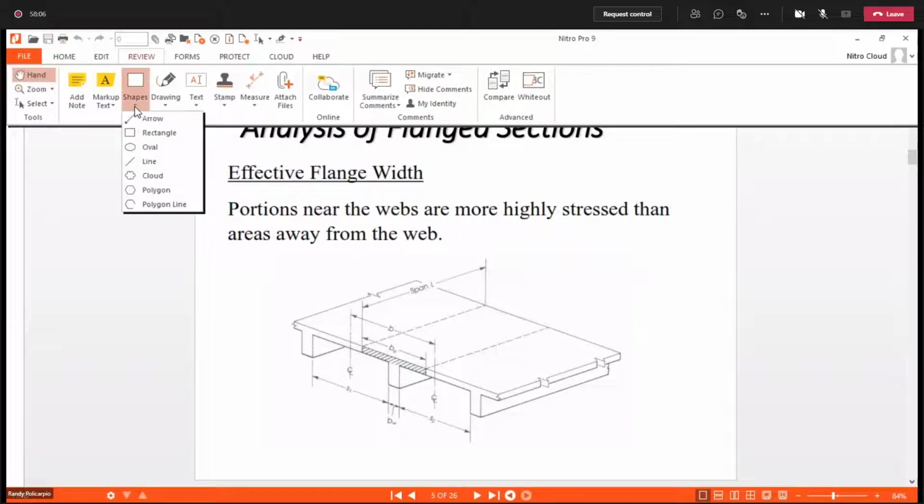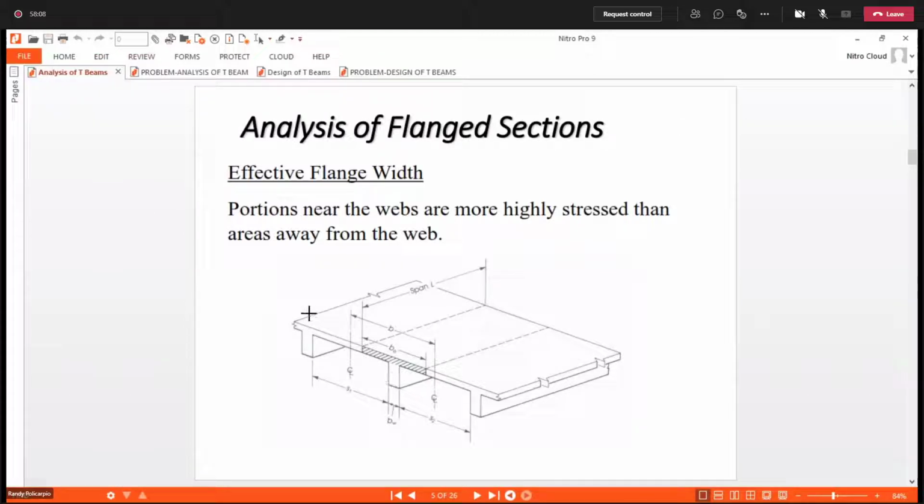Minsan kasi, ito para mas madali, no? So if we will draw here a line representing the location of the center of the beam, no?